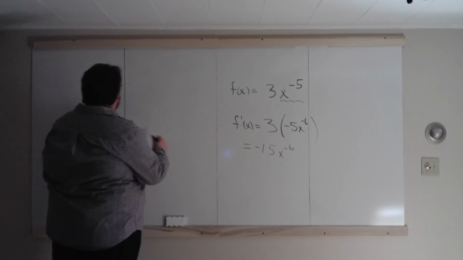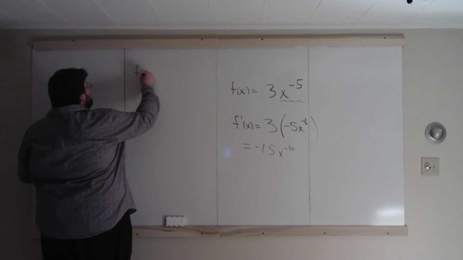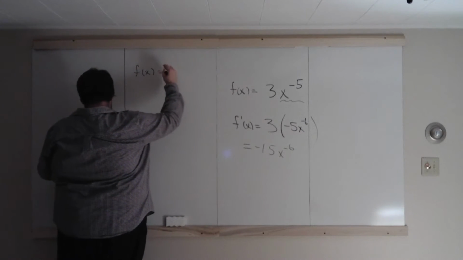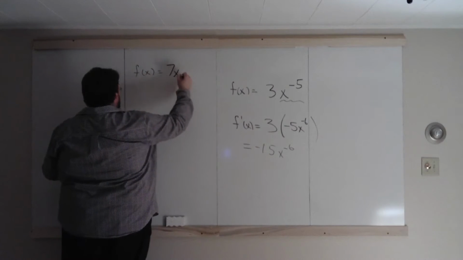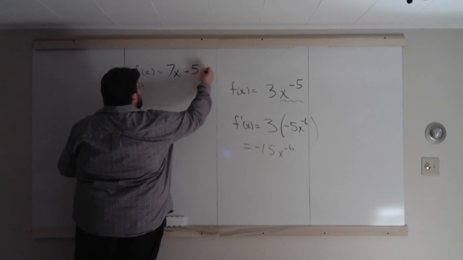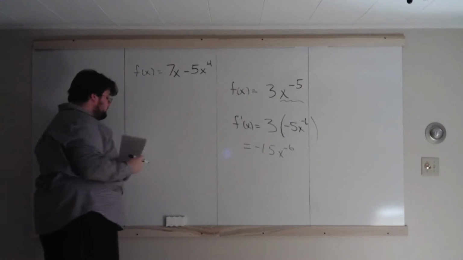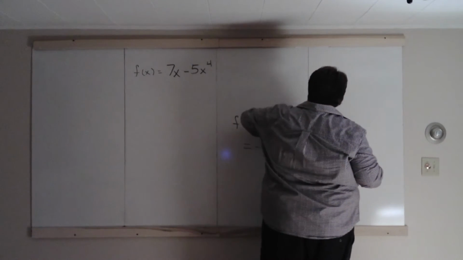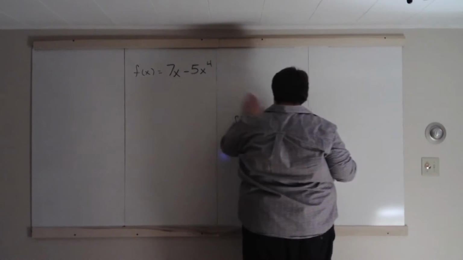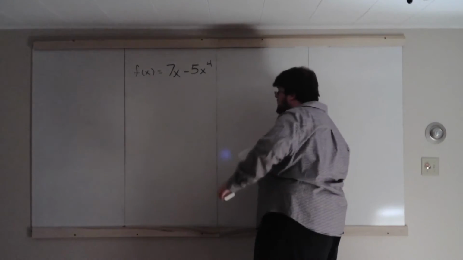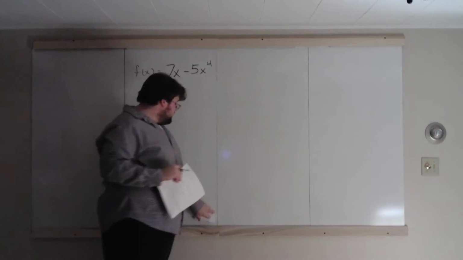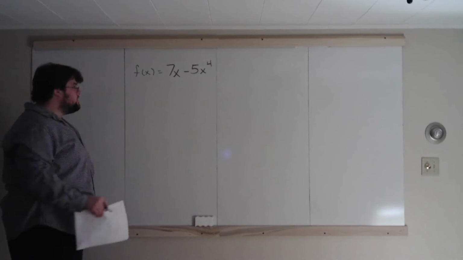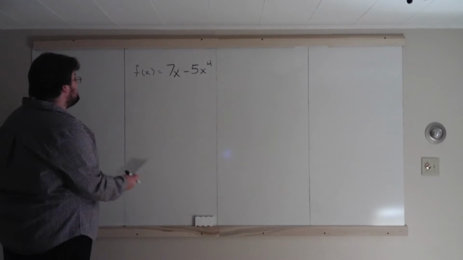Let's do another. Find the derivative of this function: 7x minus 5x to the 4. Well, what do we have? We have 2 things added together. 2 things with x's added together. I mean, they're added with a negative sign, but they're still 2 things added together.